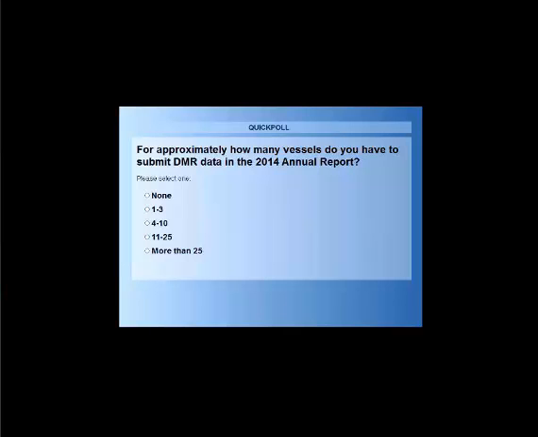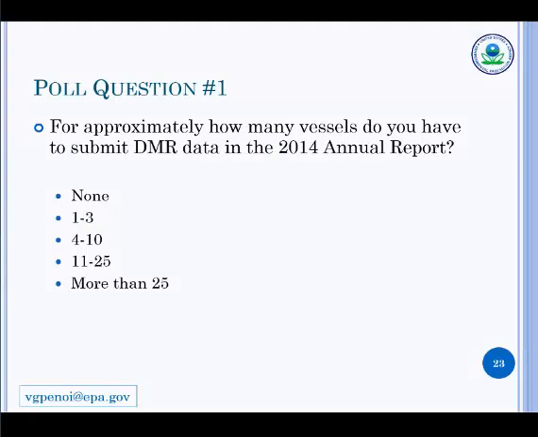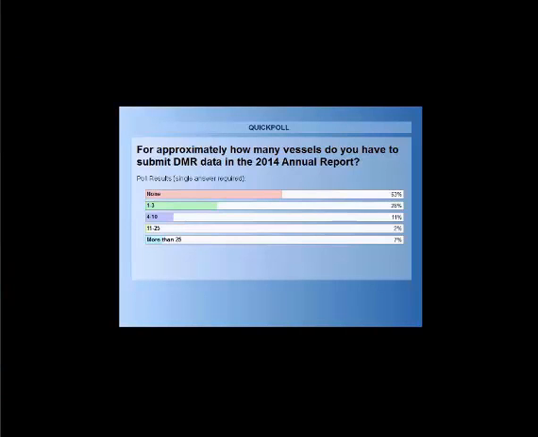So the first question is, for approximately how many vessels do you have to submit DMR data in the 2014 annual report? The choices are none, 1 to 3, 4 to 10, 11 to 25, or more than 25. If you can click on the answer, and then Sarah will pop up the results and give us a sense of what the audience has.